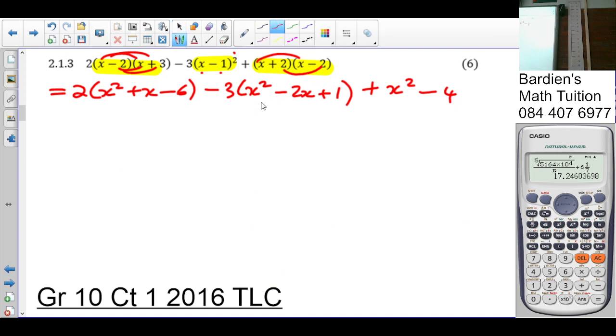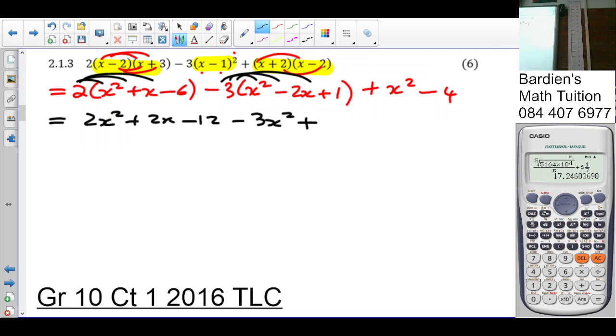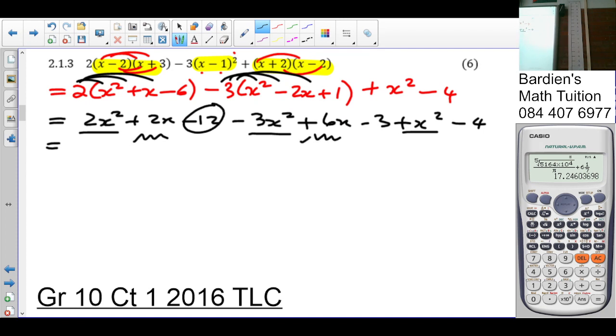Okay. So again, we're going to get rid of the brackets here, so I can add like terms thereafter. So it's now going to give us 2x squared plus 2x minus 12 minus 3x squared plus 6x minus 3 plus x squared minus 4. So like terms there: minus 12, minus 4, minus 3 as well.